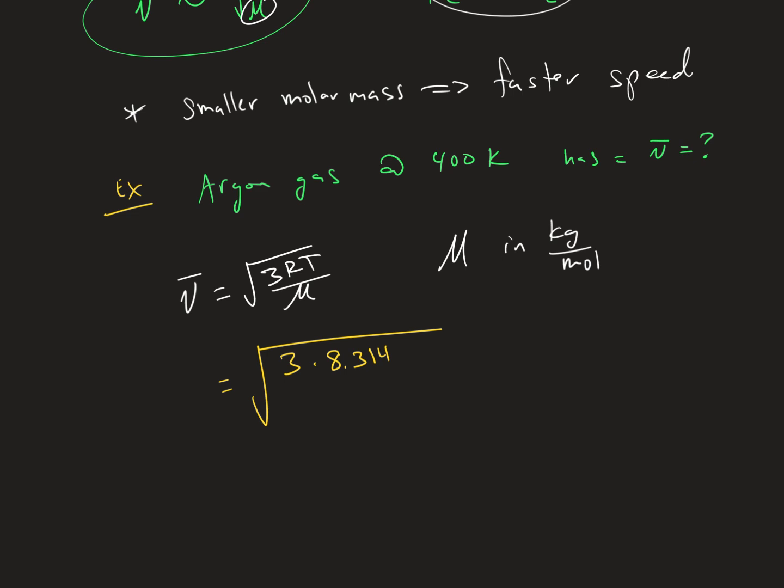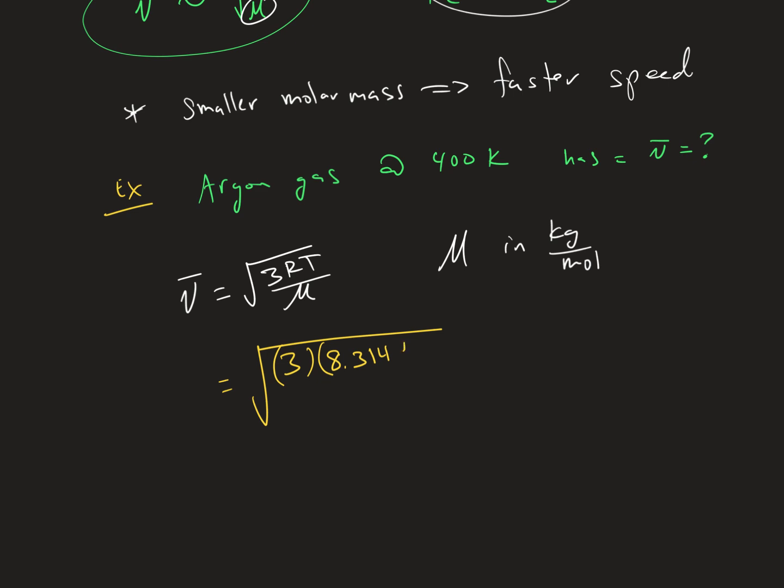Yes, it is on your sheet. Both R values are on your sheet, and they're both called R. They just have a different unit. If we have different units besides the ones we're dealing with, it's just going to be a different number. But these are the only two values that we need to use in this class. So 3 times 8.314.